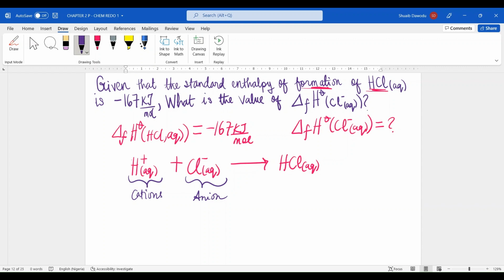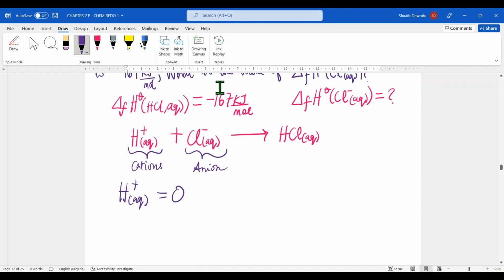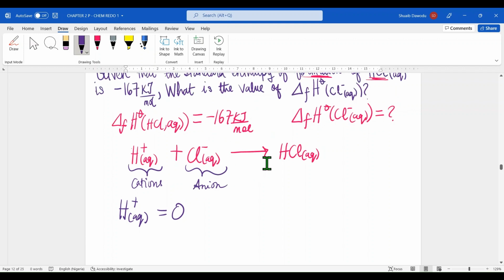So what we have to do is define the standard enthalpy of formation for one of the ions and give it a set value. Usually we set the value for H plus to equal 0, because then we can simply determine the standard enthalpy for the other ion, in this case the chlorine ion, which is what we're asked to do.